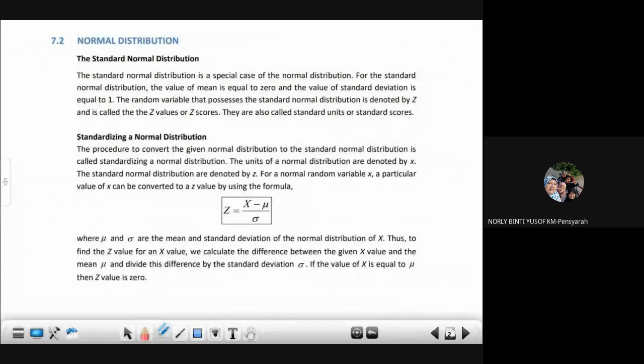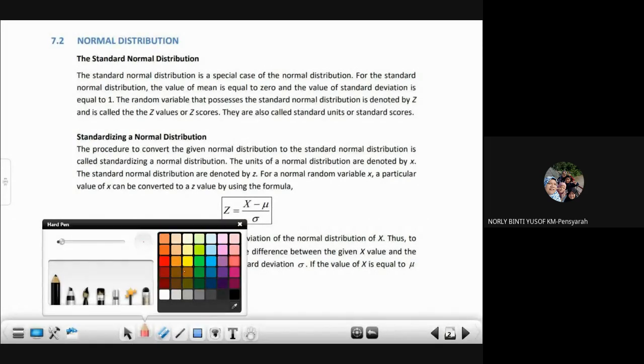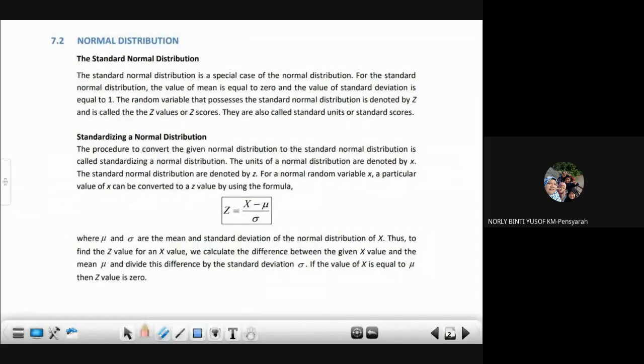Okay, so we look at 7.2 normal distribution. The standard normal distribution is a special case of normal distribution. For the standard normal distribution, the value of mean is equal to 0.